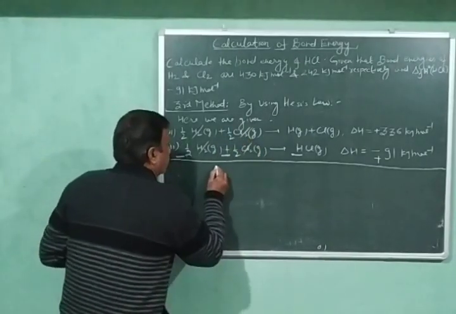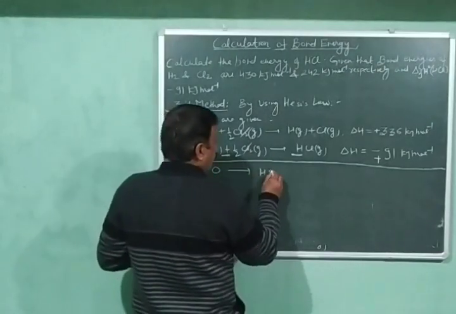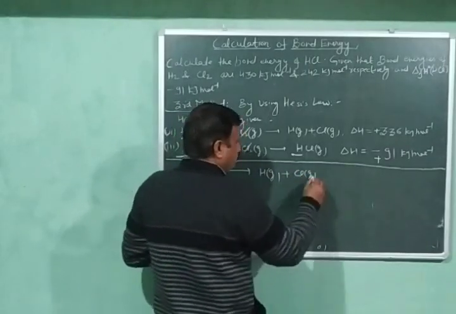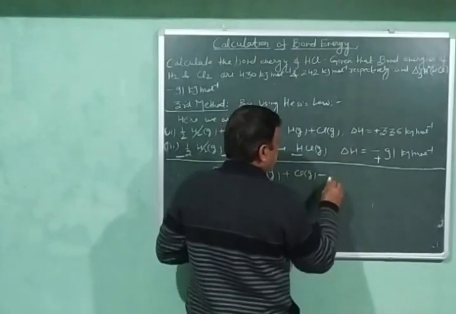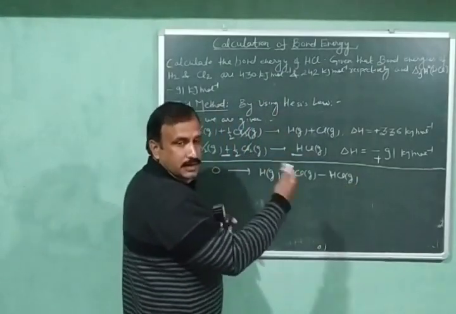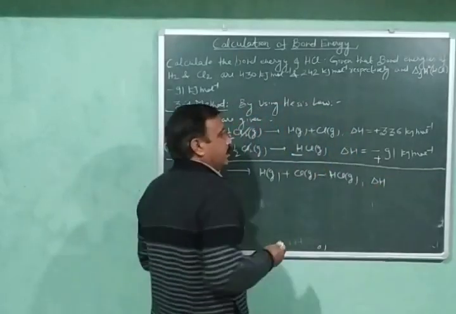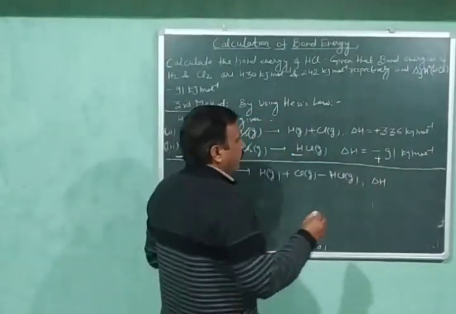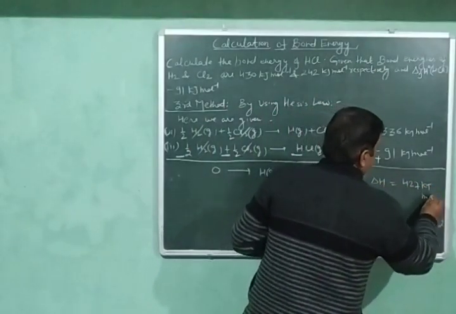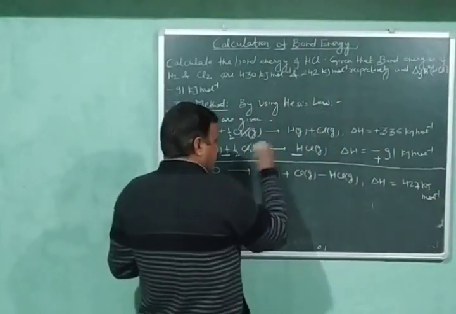We are left with 0 on the reactant side, and we have 1 mole of hydrogen atoms plus 1 mole of chlorine atoms minus 1 mole of hydrochloric acid on the right hand side, and now the enthalpy change, the delta H will be added because both have the same sign, and after the addition we will have delta H equal to 427 kilojoule per mole. Understood? Then let us rearrange this equation again.